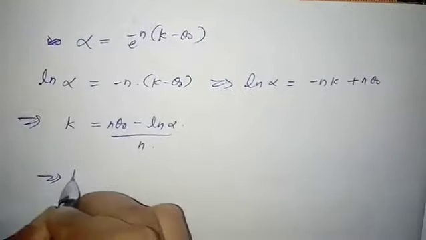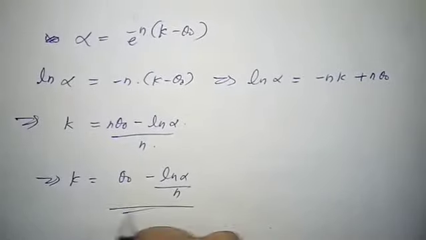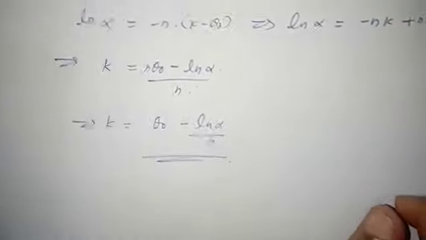That is, k equals theta naught minus ln alpha divided by n. This is the k value.